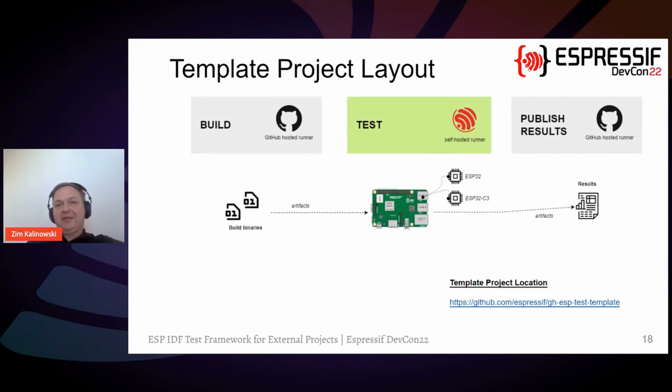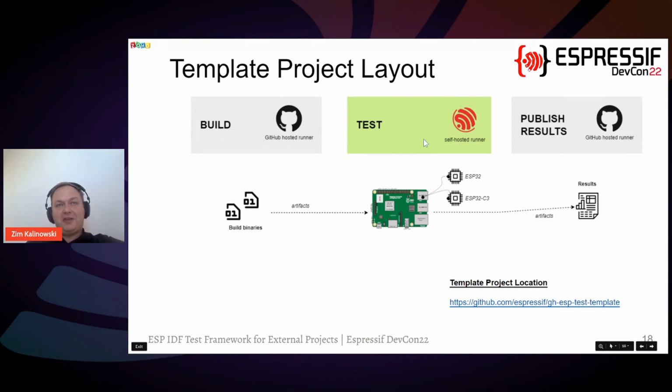Finally, what's important to mention is our GitHub ESP test template. You can find it under the Espressif organization on GitHub. The link is available here. It basically provides the basic layout for the repo where you use a GitHub hosted runner to build your application, your component.